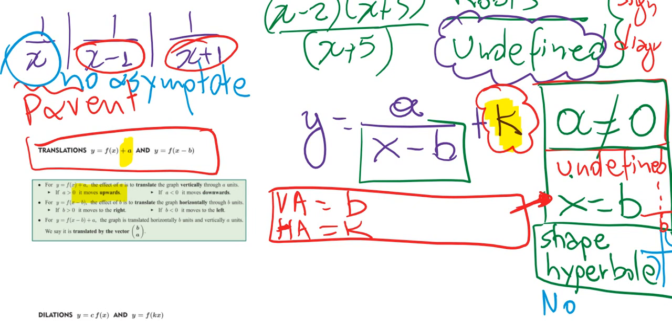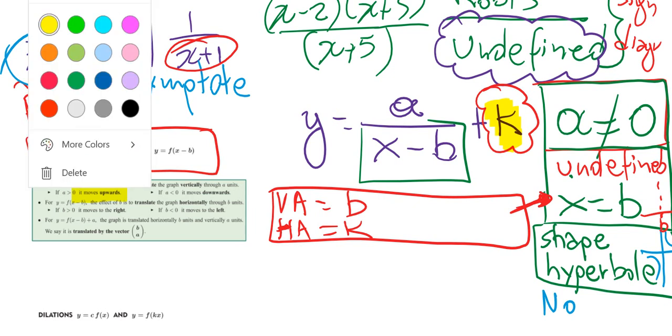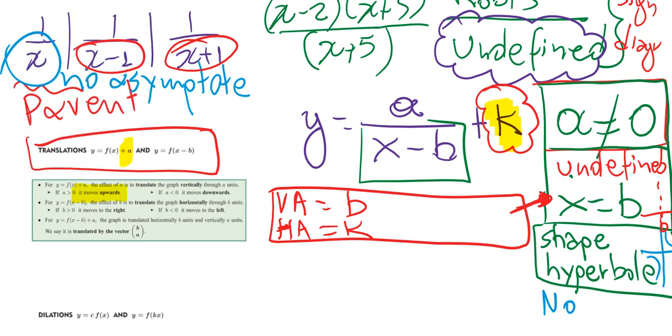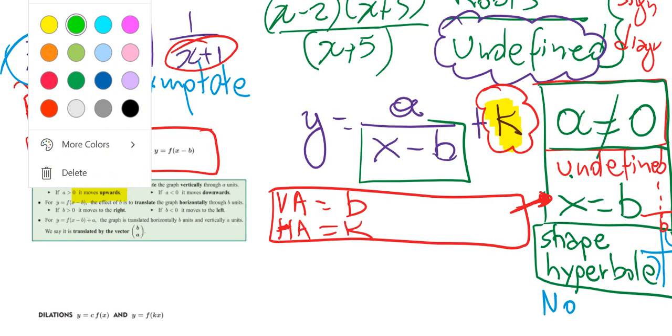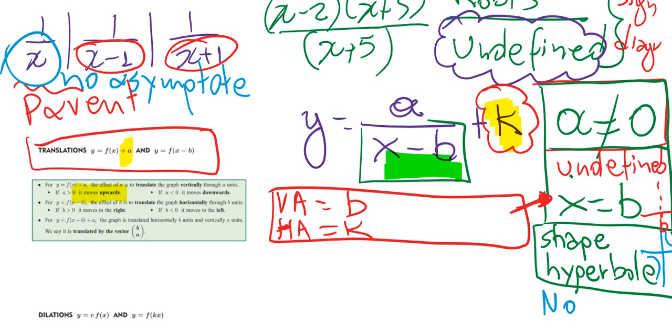Also, I want you to remember, we said in the previous chapter, that this here tells me if my function moves to the right or to the left. If b is larger than 0, it goes to the right, and if b is smaller than 0, it moves to the left.